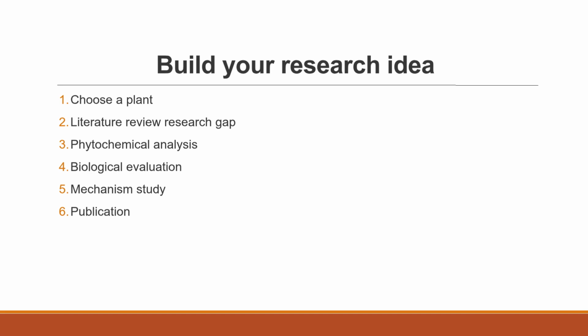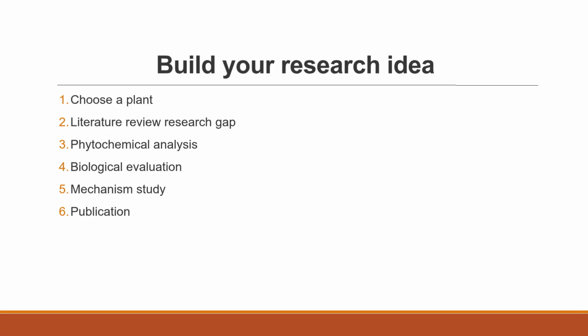So you can build your research idea in this way. First, you need to choose a plant from your nearest locality. Next, you need to do the literature review of the plant. If you know all the possible activities which people have discovered or explored, you can identify the research gap.